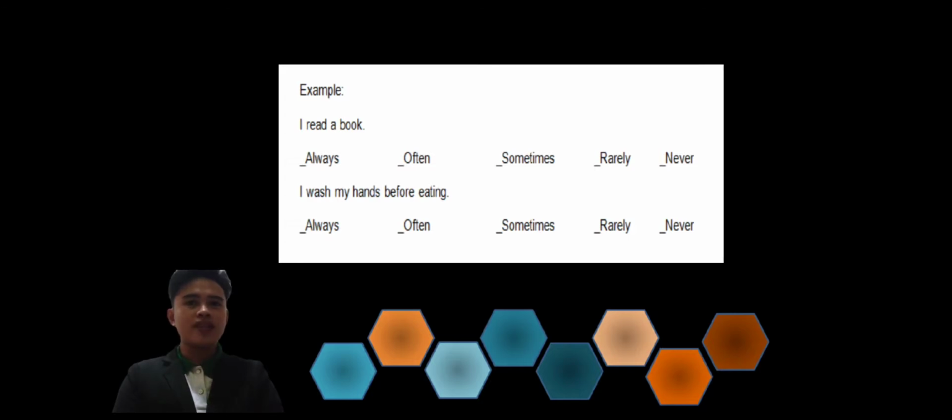We have always, often, sometimes, rarely, and never. So the same with the Likert scale. Usually higher numbers represent positive responses and lower numbers represent negative responses. So we have also here, I wash my hands before eating with the same scale. Always, often, sometimes, rarely, and never.